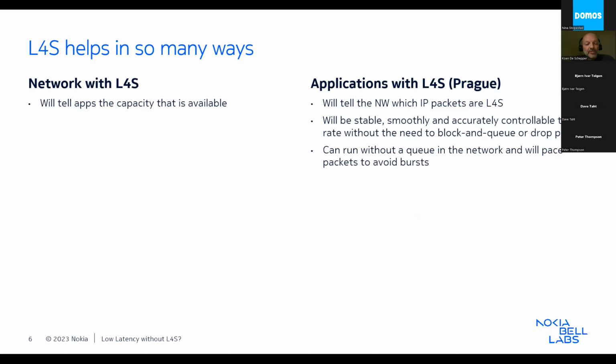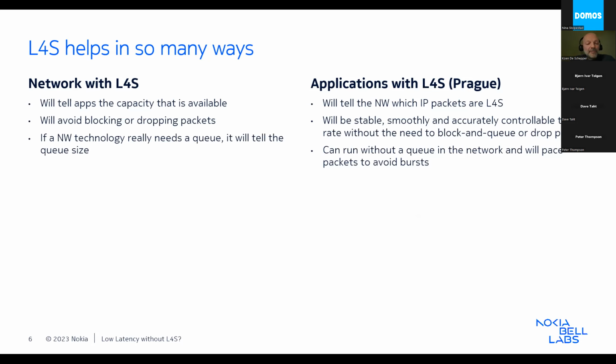Then smart networks will try to avoid blocking or dropping the packets at all. And if a lower layer technology really needs a bunch of packets together anyway, it is still possible to tell the application the queue size that it needs via the same mechanism.